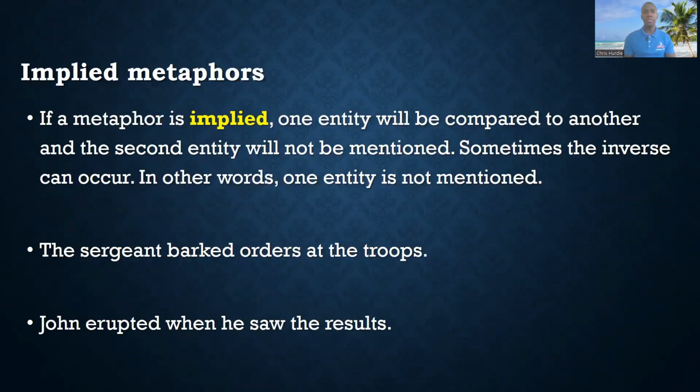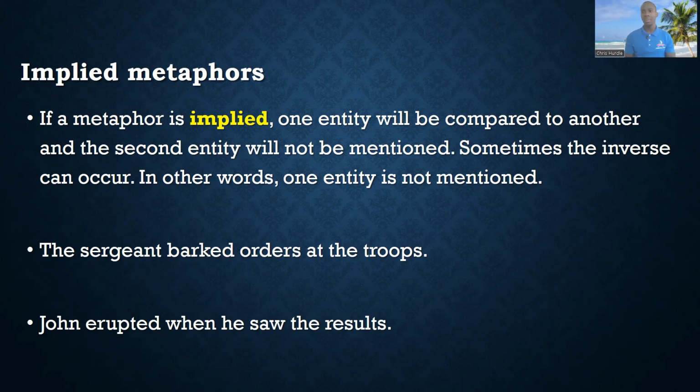Now, implied metaphors. If a metaphor is implied, one entity will be compared to another and the second entity will not be mentioned. In other words, one entity is not mentioned. So when we have implied metaphors, we have two different entities being compared, but one will not be mentioned.